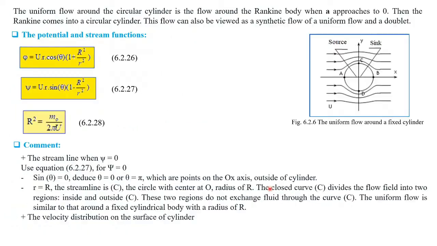So you see here, in this case, we put more free vortex, then the flow passing a fixed cylinder becomes the flow passing a rotating cylinder. We just add more free vortex.